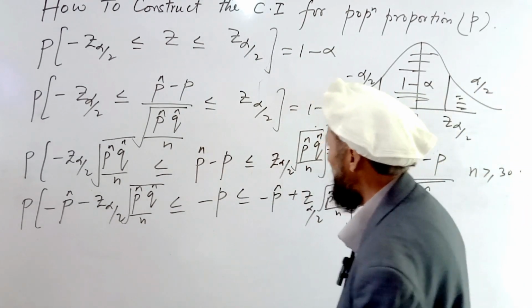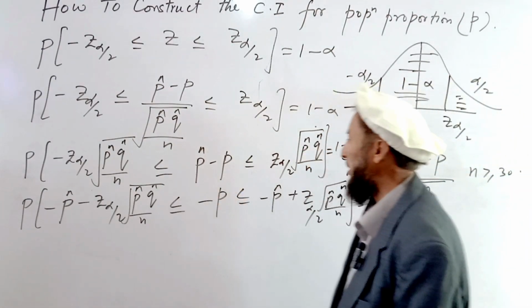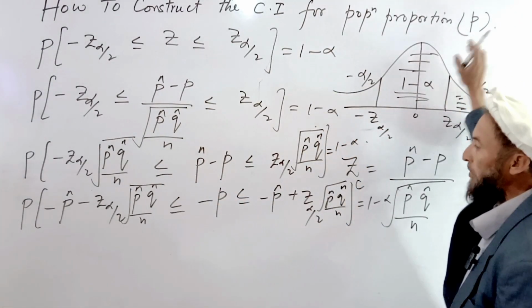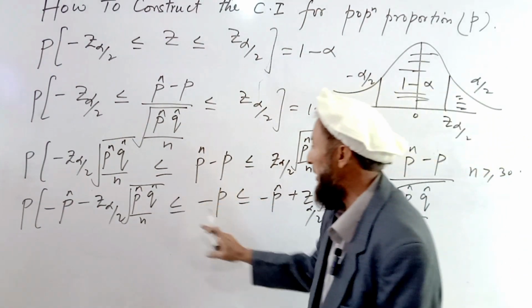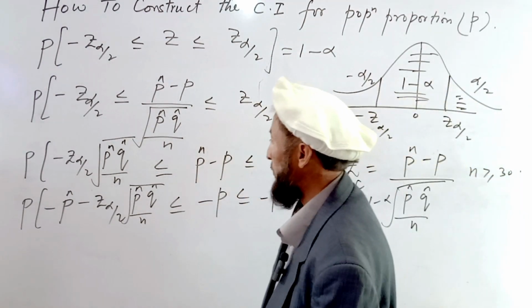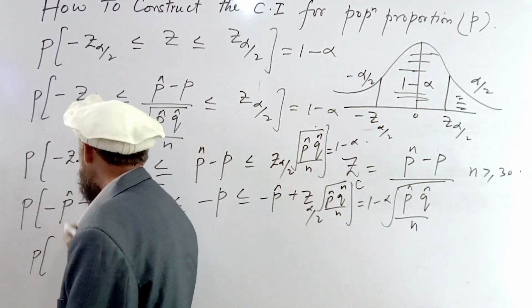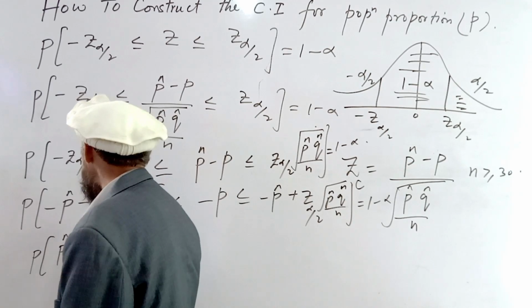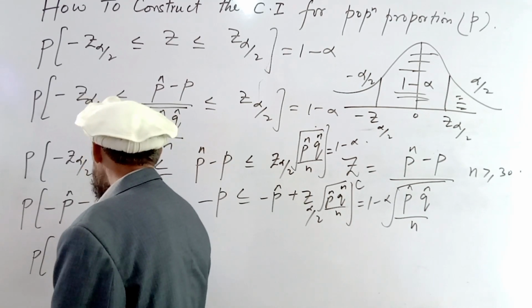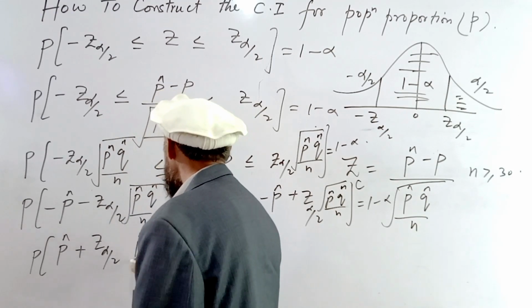Now we multiply by minus 1 within the brackets because we require positive population proportion, but here we get a negative sign. Probability of minus minus plus p hat, this is also plus z alpha by 2 times the square root of p hat q hat divided by n.